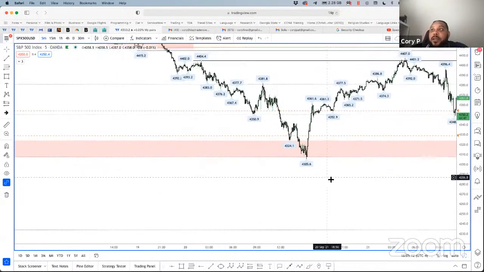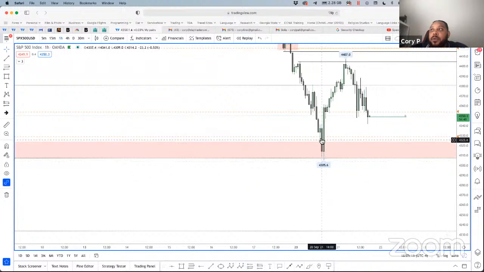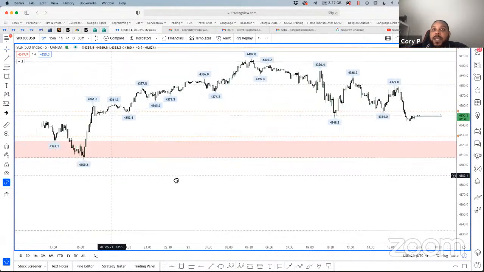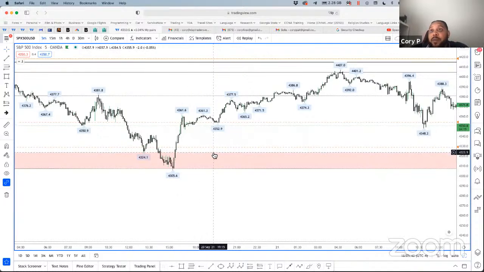5 minute. Okay, so we had an order block, this one, on the 1 hour. The next best one is on the 5 minute, and you would have had this one right here. So even on the 5 minute, if it comes down to here, that'll be the next area. I'm like, okay, cool. Price keeps dropping.